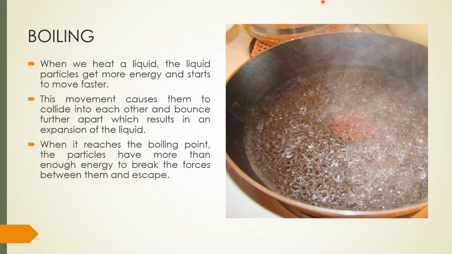When the liquid reaches the boiling point, the liquid particles have enough energy to overcome the bonds and escape into the air as a gas. In this picture, the part we see as smoke is the gas that is escaping out from the liquid.